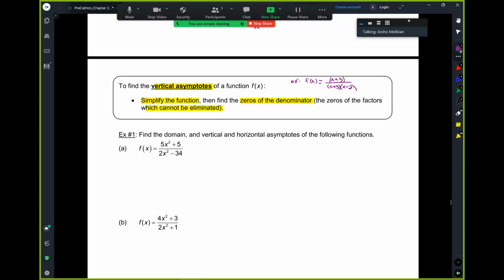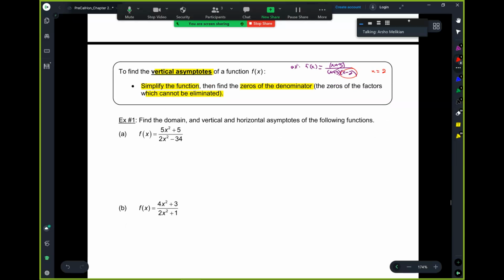The x minus 2, right? Only this one. The other one, x equals 3, is a what? A removable discontinuity, right? So the vertical asymptotes are also where you have infinite discontinuities, right? It's all coming together, okay?